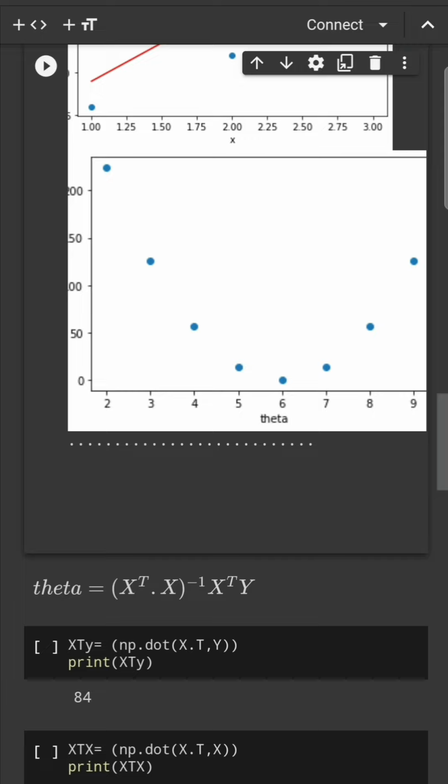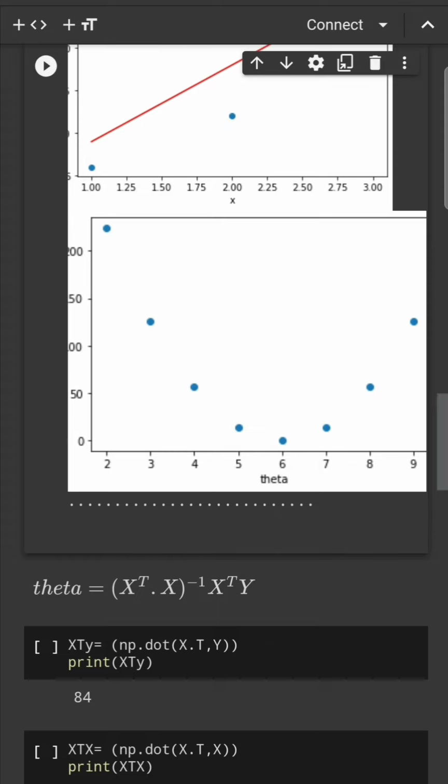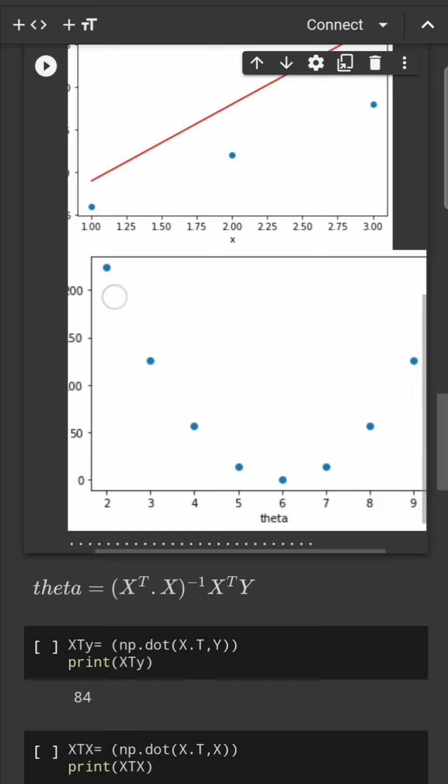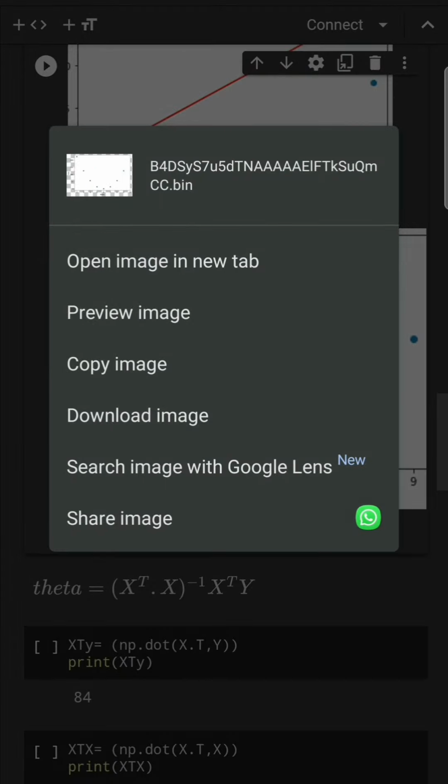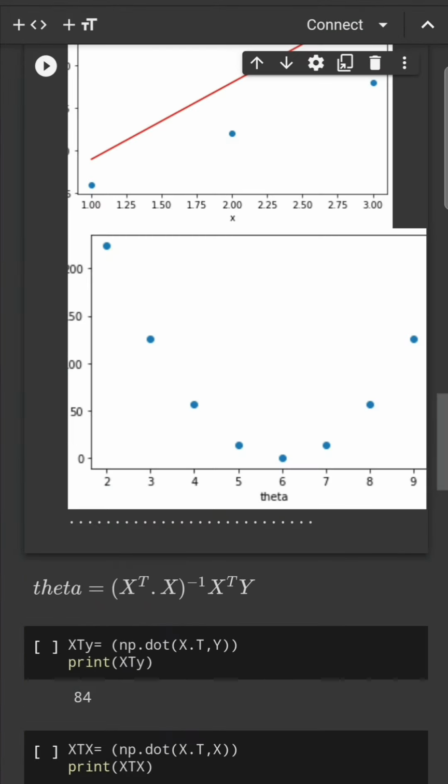I have to subtract some number, and where could I find this number? Or maybe you can say my random theta was 2 something. In this case, what number should I add so that I can reach 6? Our goal is to get to this minimum point, the 6 point. So what number should I add to theta to get there?